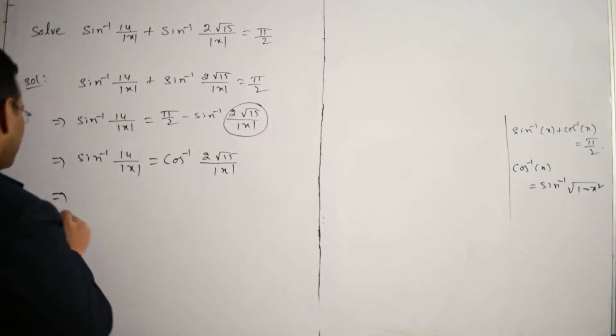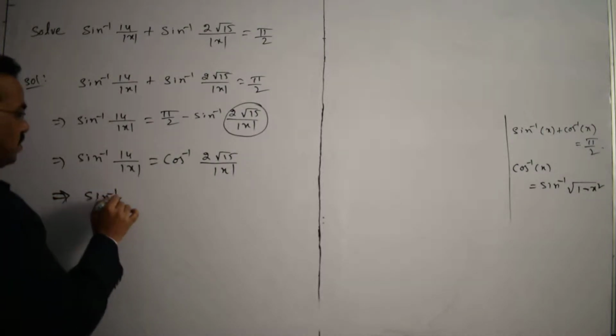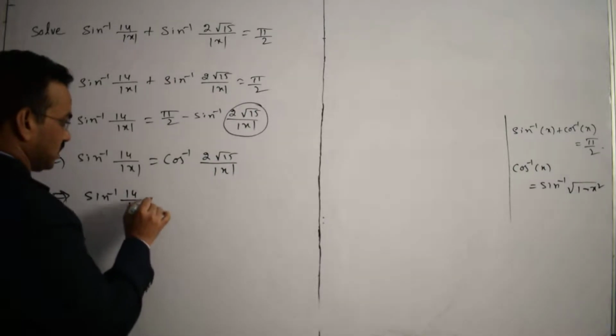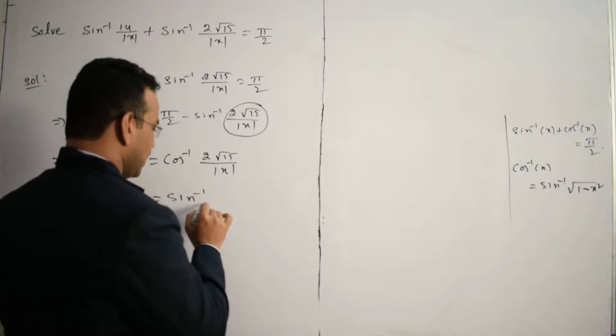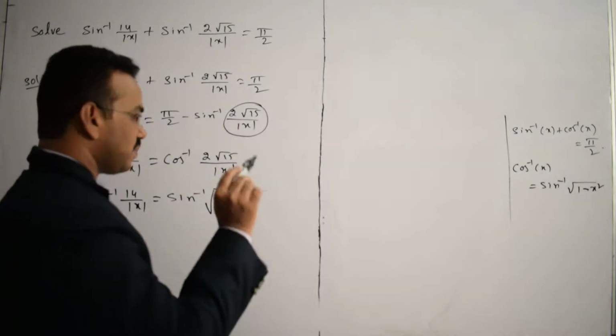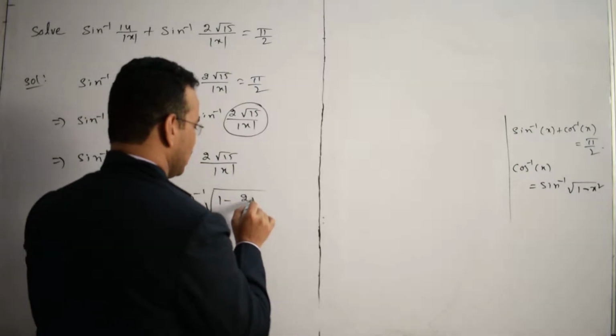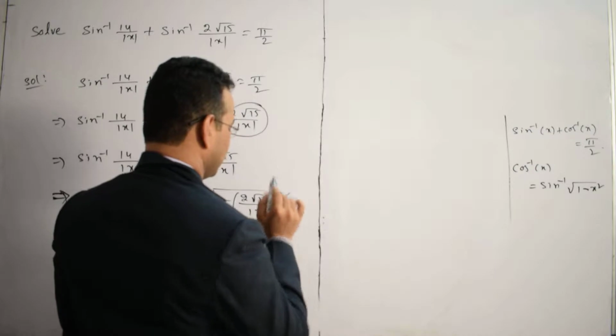In the next step we will apply that formula. This implies sine inverse of 14 by mod x equals sine inverse of square root of, don't forget it, square root of 1 minus x square, 1 minus 2 root 15 by mod x whole square. This is what we got.